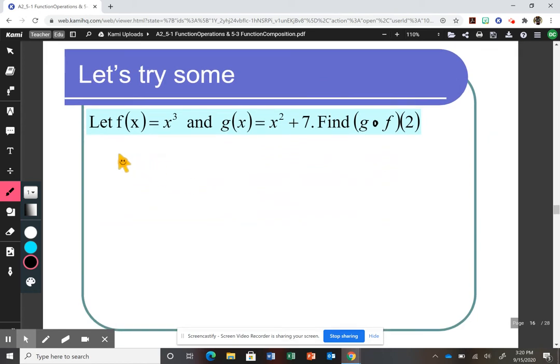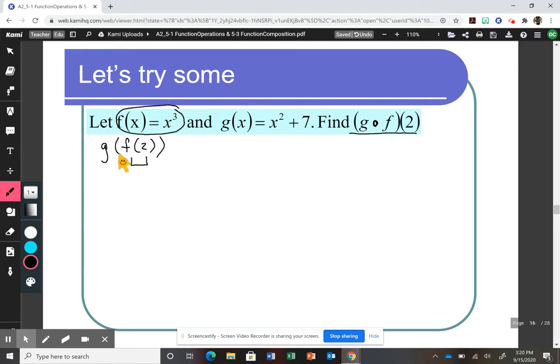Okay, so now we're going to do this one. All right, so this is the same as g evaluated or composed with f when x is 2. So here I'm going to use this inside function first, okay? So this is my f.